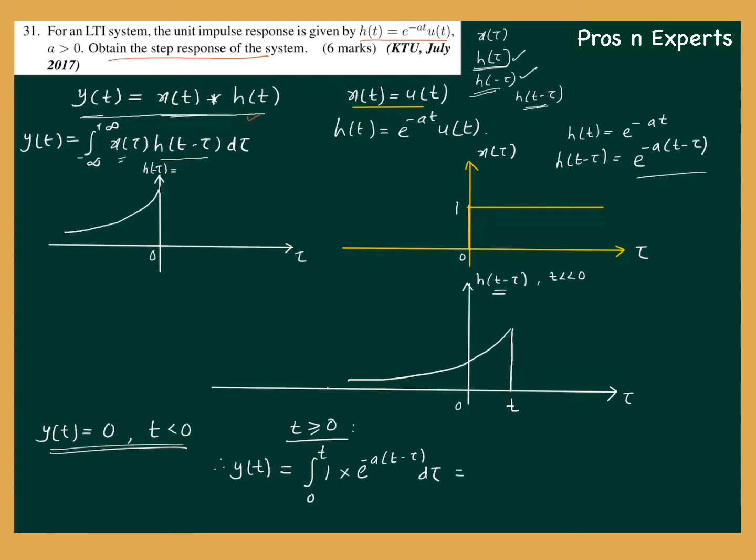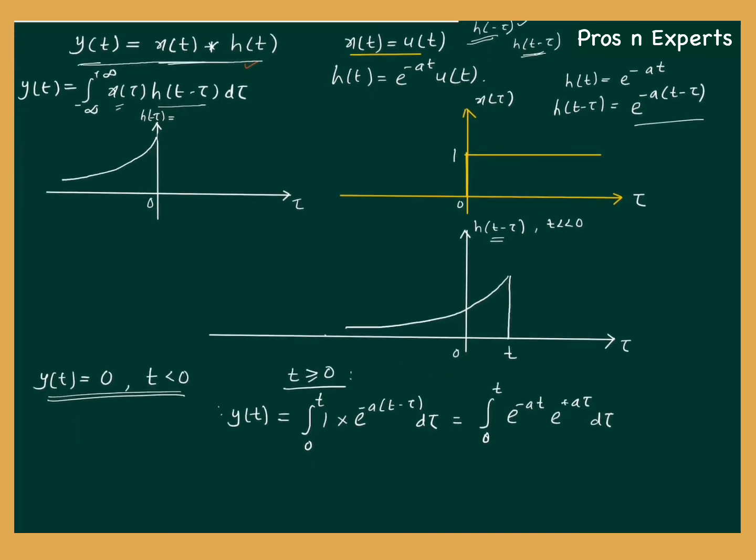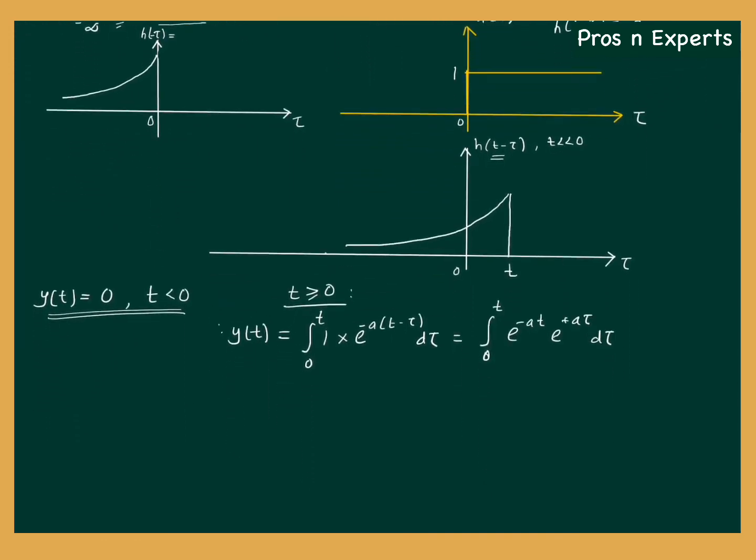Now we can simplify this as the integral over 0 to t of e raised to minus at into e raised to plus a tau d tau. The integral is in the dummy variable tau, so we can take e raised to minus at as a constant outside the integral.